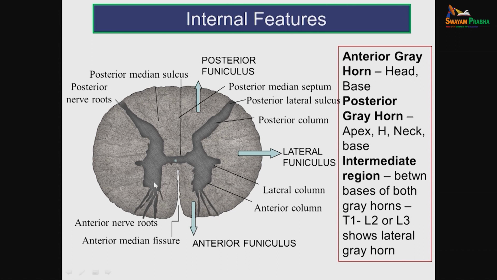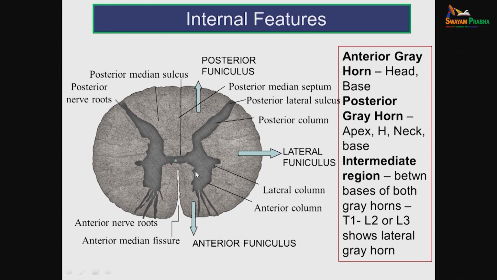The predominance of the neuronal somata, that is the nerve cell bodies, gives it a greyish appearance. So the predominant structure present in the grey matter is the neuronal somata, which gives a greyish appearance to the grey matter.